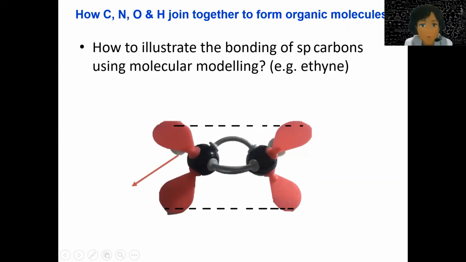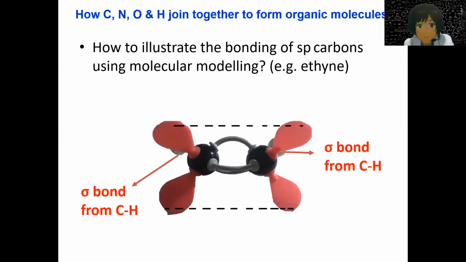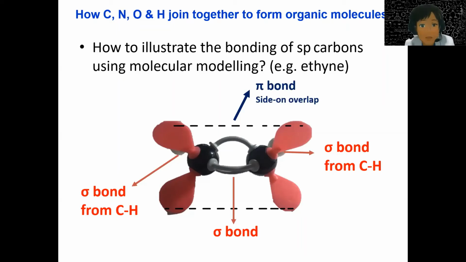So the bond between the carbon and the hydrogen is a sigma bond. And this is also a sigma bond from the CH bond. And then in the triple bond, there's 1 sigma bond, and there will be 2 pi bonds, which is a side-on overlap between the unchanged p orbitals.